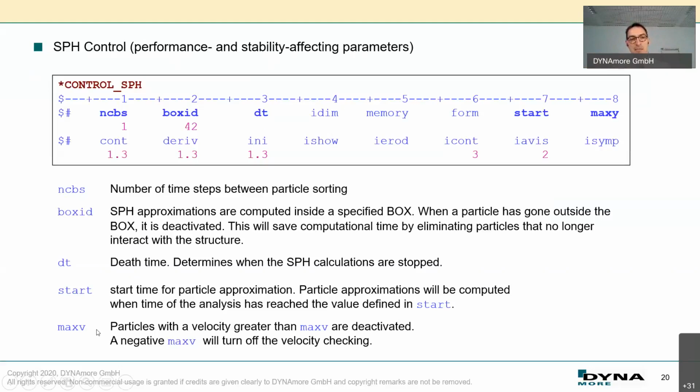Another one is this max V here. No, it's not max Y, it's max V. By default, elements which exceed a certain velocity are deactivated. This is sometimes what you see in the simulation. Sometimes you do an impact simulation and some particles are just getting out of the bulk and going somewhere. Most likely these particles have already been deactivated at some point because their velocity exceeded a certain value, and they became deactivated and are not part of the SPH computation anymore.